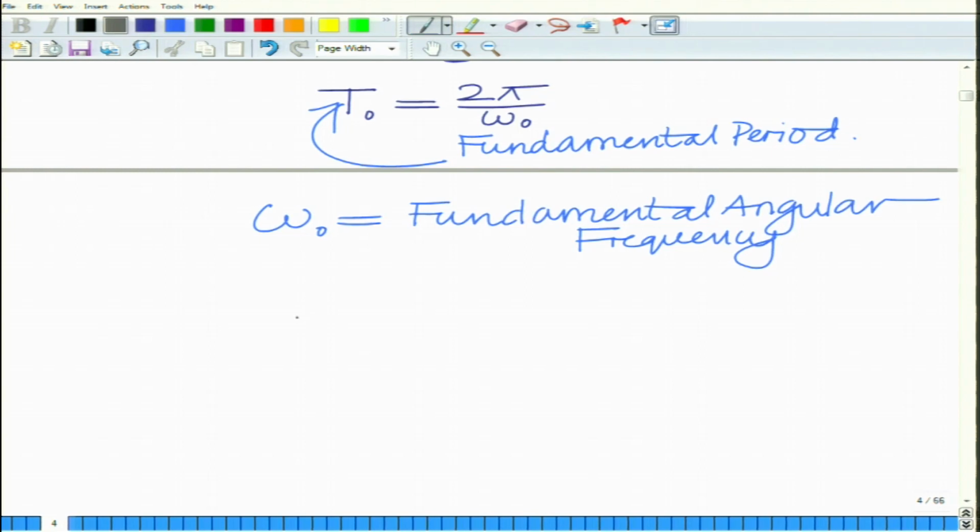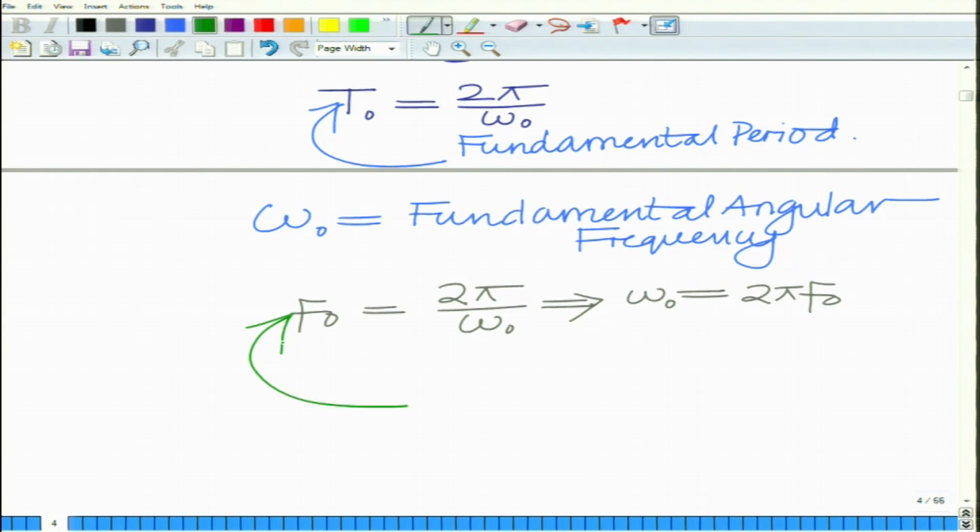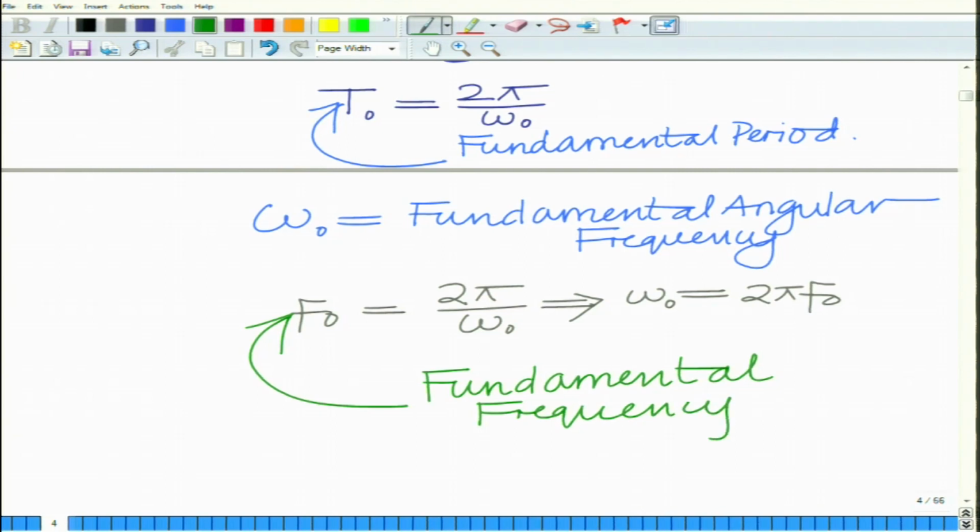And if you consider f naught, omega naught equals 2 pi f naught. This is known as the fundamental frequency.